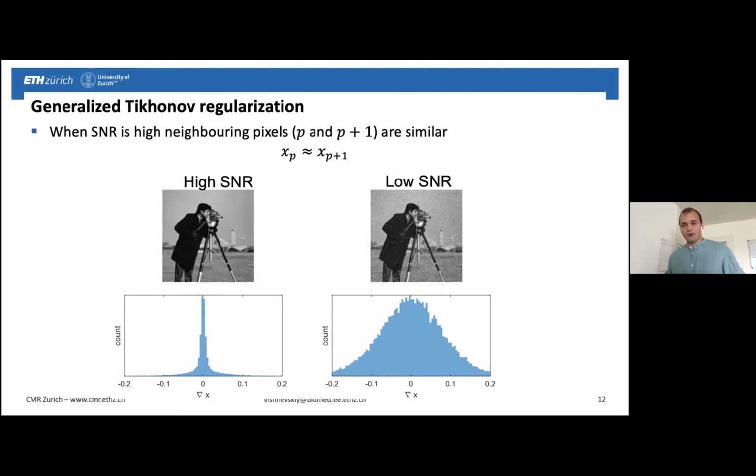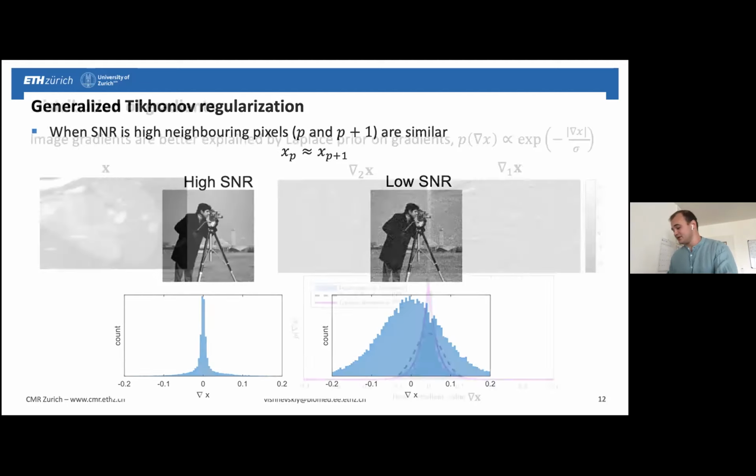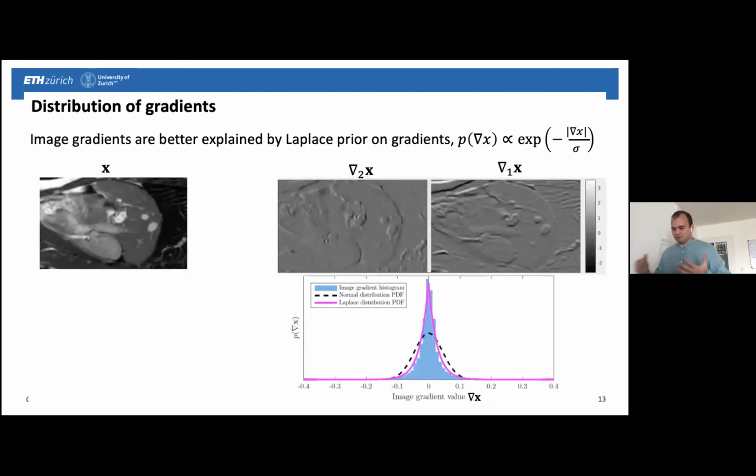So our main aim is to employ the regularization on the neighboring pixels. And we do that with the spatial finite differences. If you plot now the histogram of the finite differences, you can assume some distribution over them.